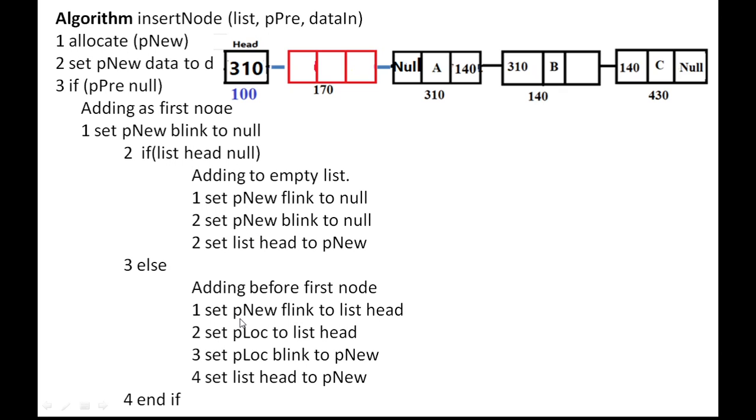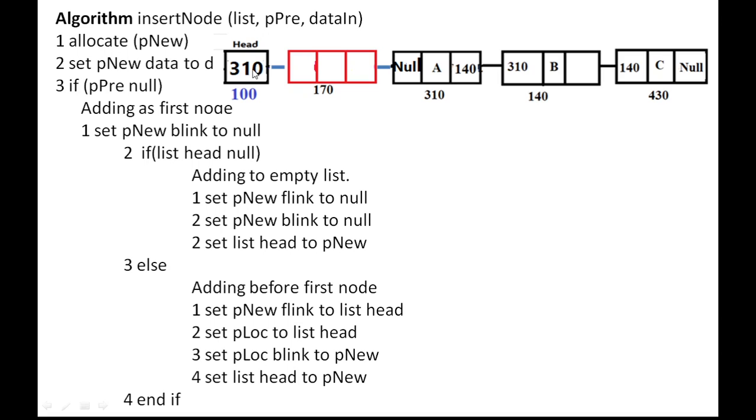So come to the else part, adding before the first node. What changes are needed? Look at the picture and identify. The first step is that the data has to be copied, and after that I have to set the forward link. The forward link of the new node is going to be the address of the list head.